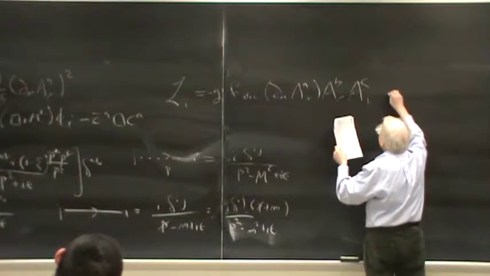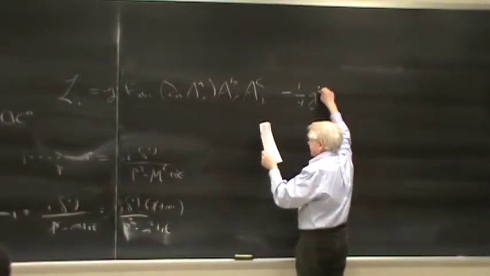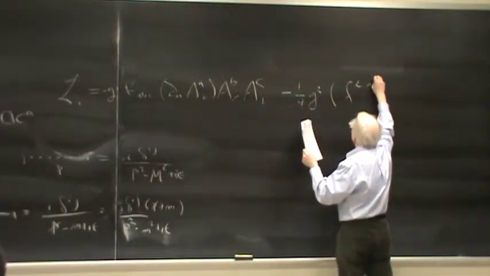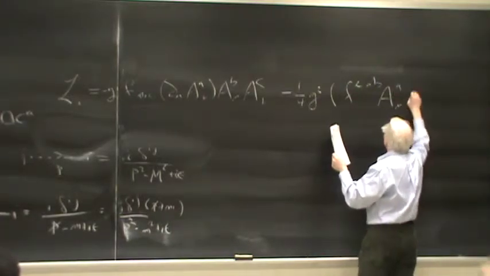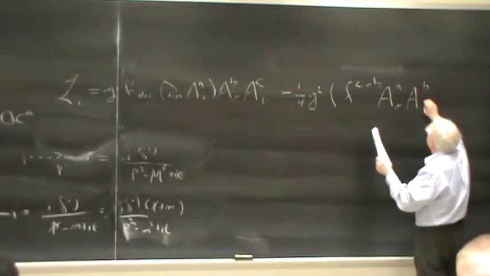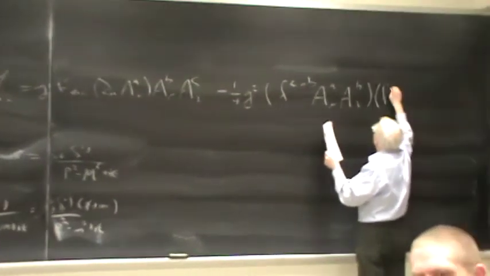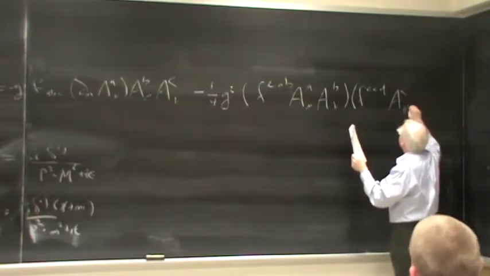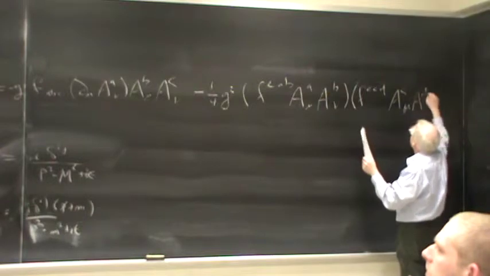And the next thing is minus a quarter g squared f^{EAB} A^A_mu A^B_nu f^{ECD} A^{C mu} A^{D nu}.